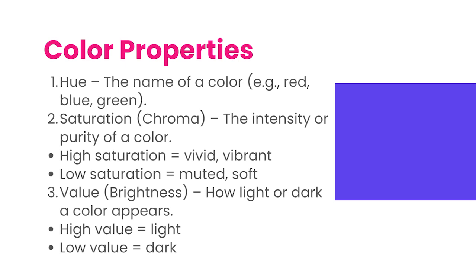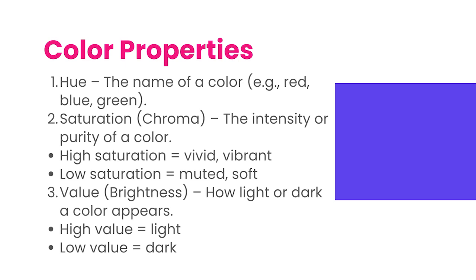If it's low saturation, it may be muted or soft. Then we have value or brightness. This is how light or dark a color appears. High value is light and low value is dark. That's why when people say light blue, it is of high value, and dark blue is low value, the brightness.